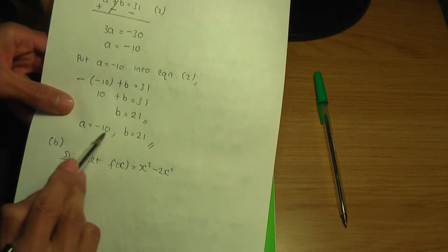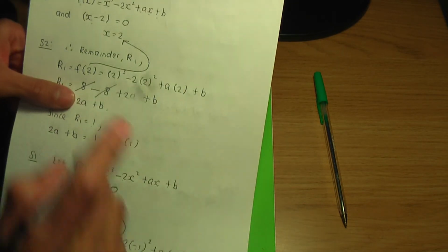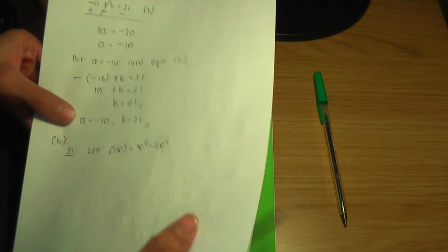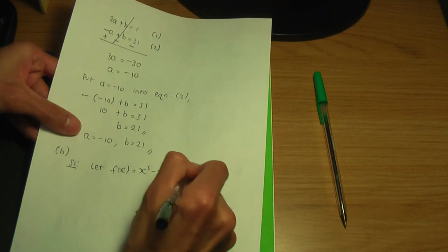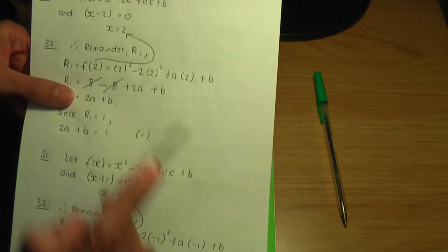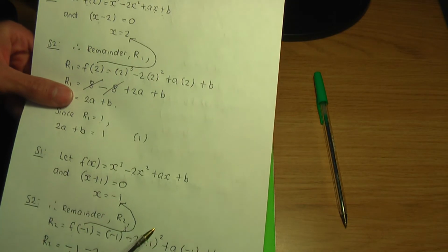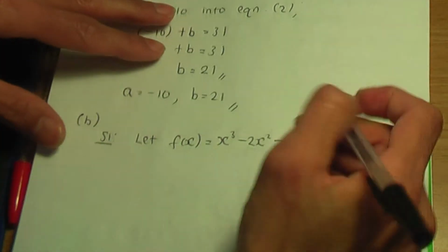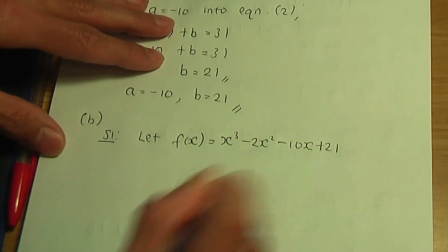Now a is minus 10, so we're going to have minus 10x, and b is 21, so plus 21.